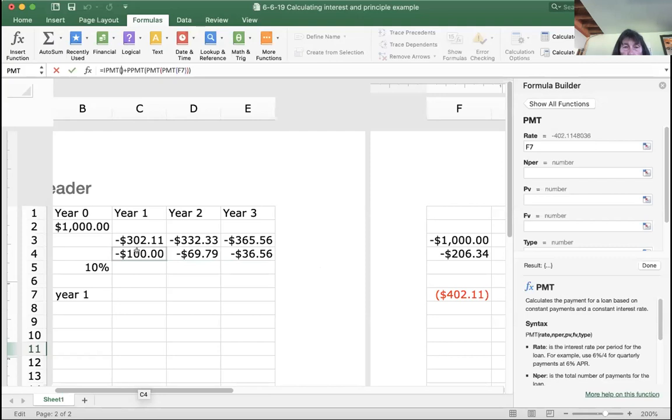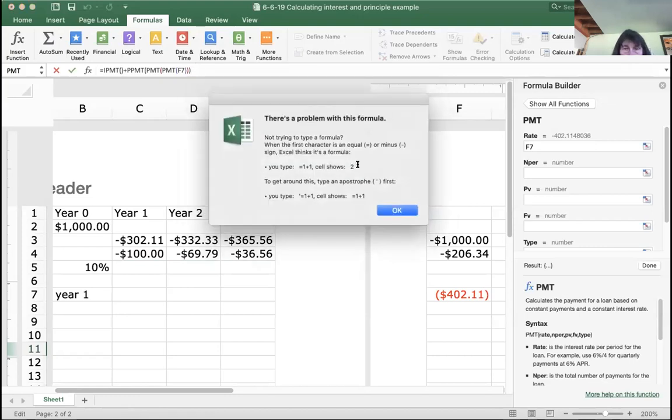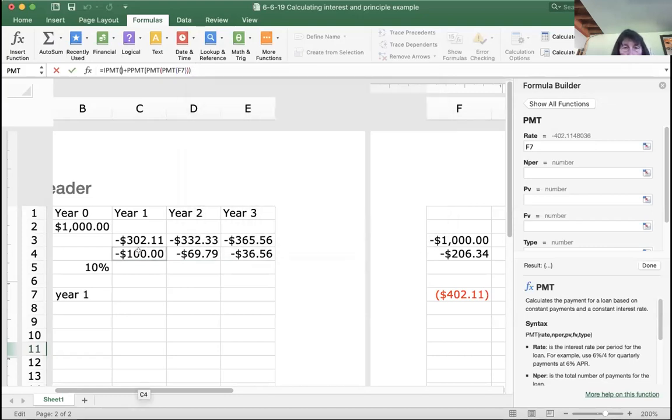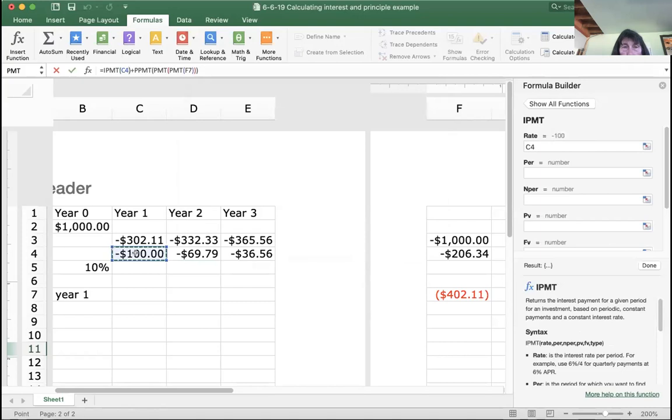So you see here, this is the interest payment. This one is an interest payment, and this one is an interest payment, and this one is an interest payment. This is a principal payment, this is a principal payment, and this is a principal payment.